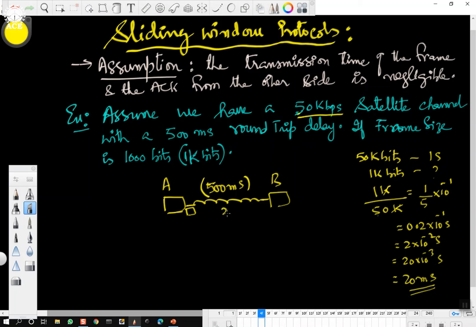Then after that, it will take 250 milliseconds to arrive at the other side. Suppose I start at time 0, then the time at which the receiver gets the frame is 270 milliseconds. You're getting my point? 250 is the one-way propagation time, plus 20 milliseconds. Assume that the acknowledgement size is negligible, so it is put onto the channel in zero time, and it takes another 250 milliseconds to hit the sender, host A. Because it is stop and wait, the sender sends the frame and waits for the acknowledgement.